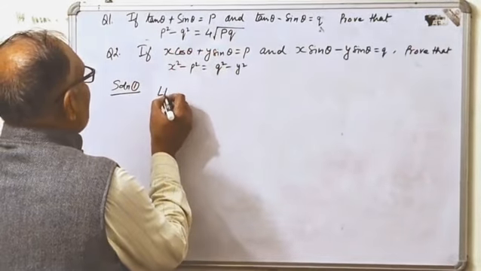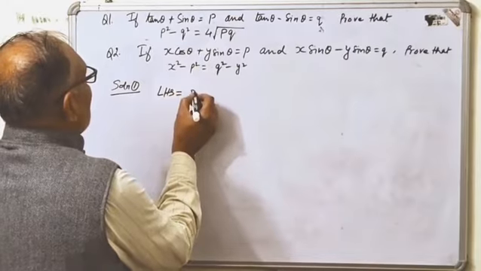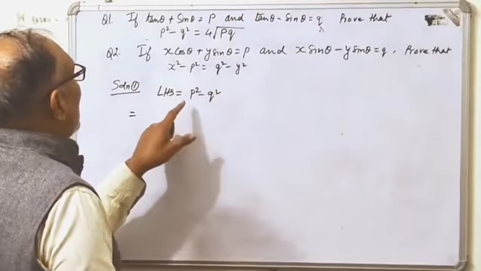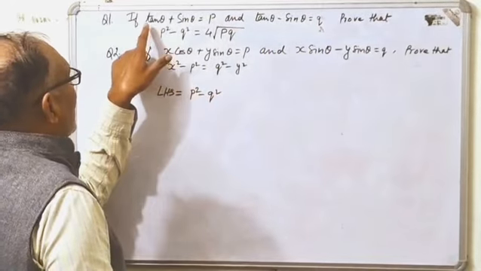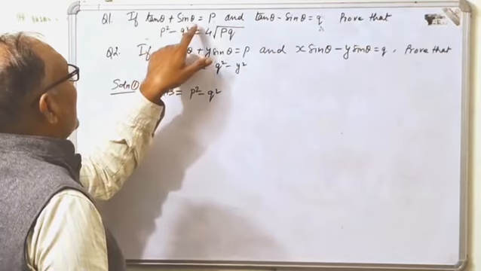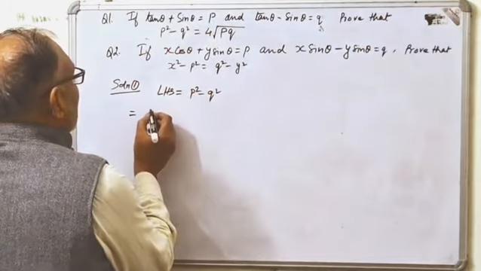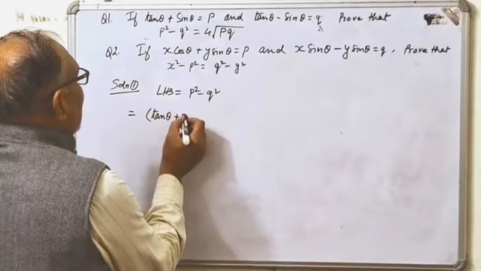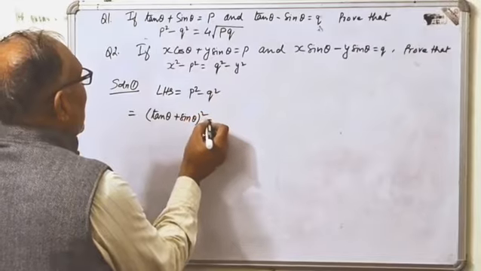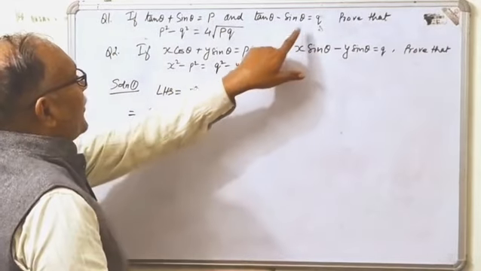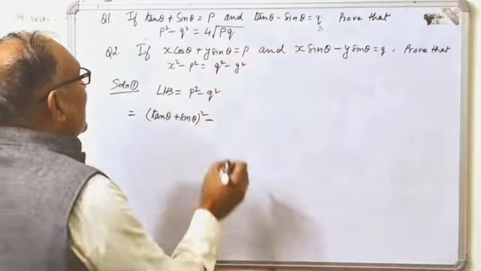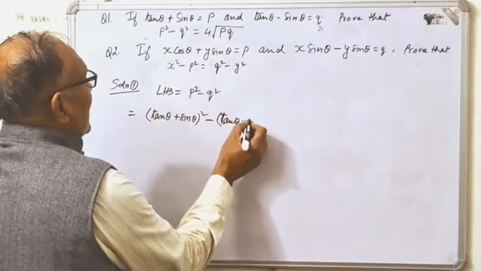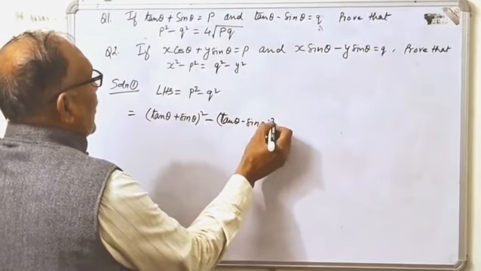That is LHS, which is equal to P square minus Q square. Now put the value of P. The value of P is tan theta plus sin theta. So tan theta plus sin theta whole square, and here put the value of Q, that is tan theta minus sin theta. So tan theta minus sin theta whole square.